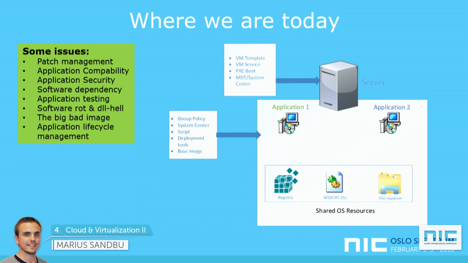So how do we do that? We can either use the deployment tool again, use an MSI package, deploy a new version, and hope it works. Hopefully it works, might not as well. So the application lifecycle management might become an issue. And of course, as I mentioned, the software dependency on different requirements, and so on.